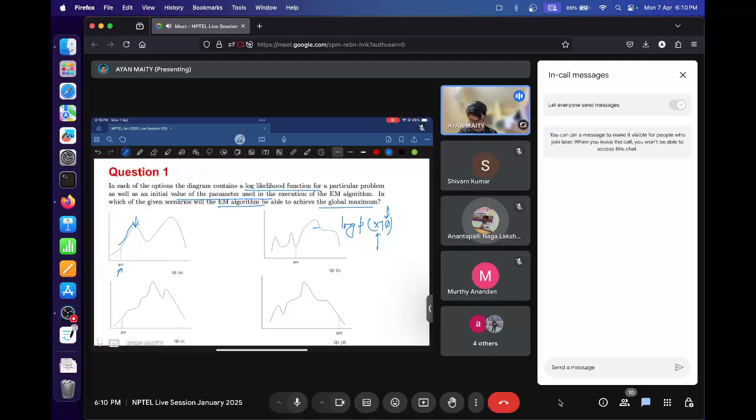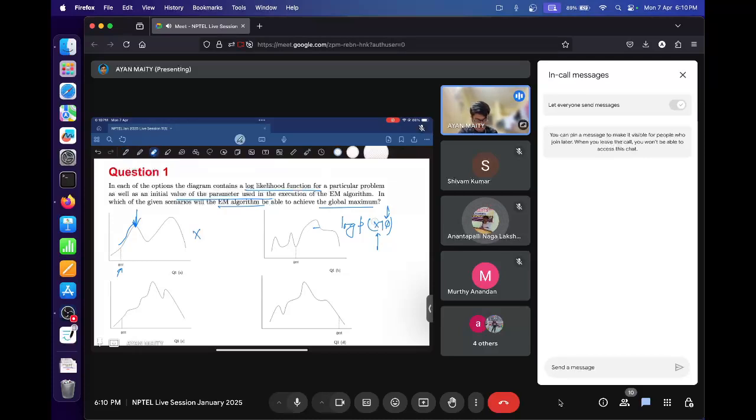After that, it will not be able to traverse to this global maximum, because once it reaches a local maximum point, it gets stuck there. So in the first case, it will not be able to find out the global maximum.